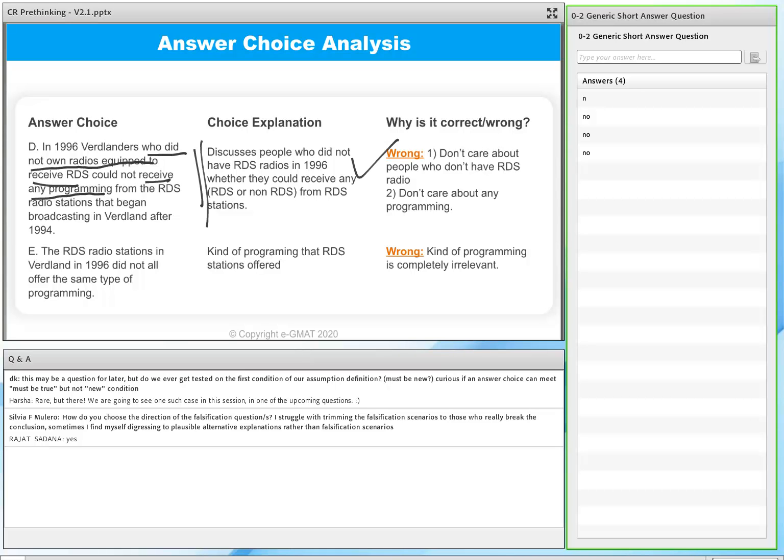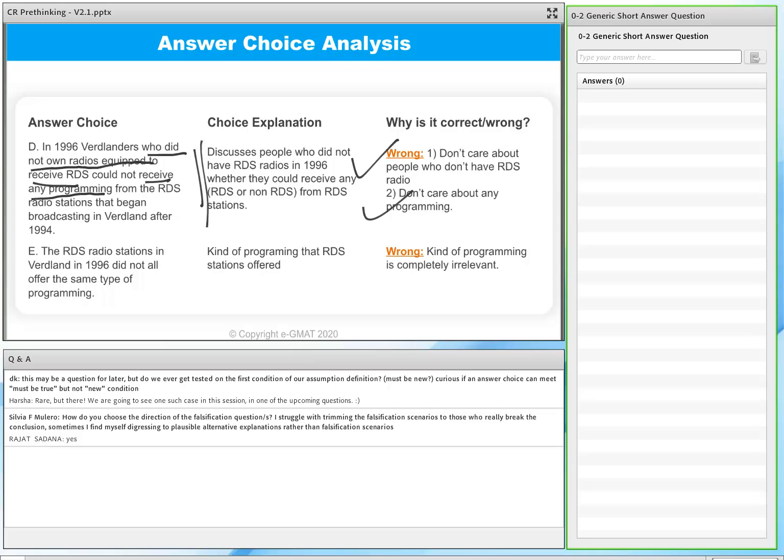Because we don't care about people who don't have the RDS radio. We don't care about any programming. Again, if you chose choice D, you did not focus on visualizing the conclusion as much as you should have. Or when you were evaluating this answer choice, you did not have that conclusion in mind. So I'm going to really look at this and say, in the context of my conclusion, does that make sense? Do I care about this segment of people?